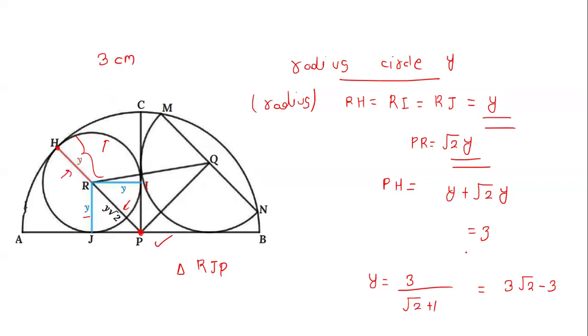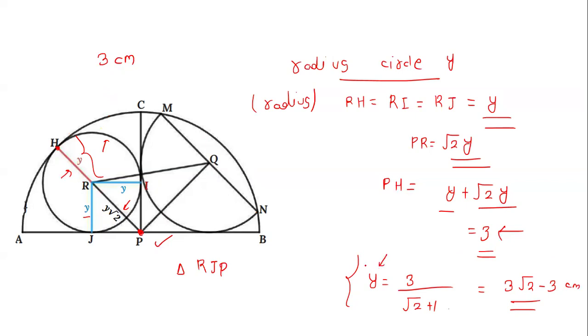So we get one equation: y plus root 2 times y is equal to the radius of the bigger semicircle, which is 3 centimeters. So from here you can get the value of y, and it will come like 3 divided by root 2 plus 1. After simplifying, it will come like 3 root 2 minus 3. So 3 root 2 minus 3 centimeters is the value of y.